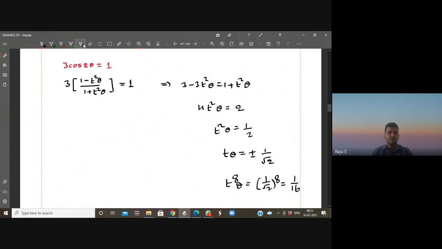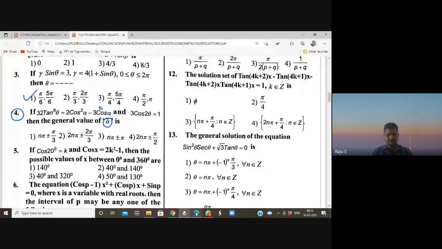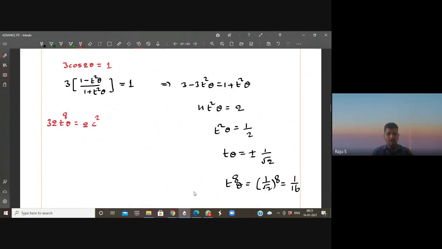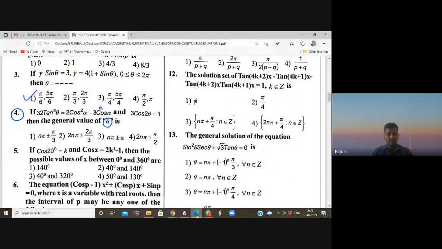So now can you tell me what is the condition they gave? 32 tan power 8 theta is equal to? Sir, instead of this, can we do cos 2 theta is equal to 1 by 3 and form a triangle and find the value? But we need to find the alpha values only, not the theta value.